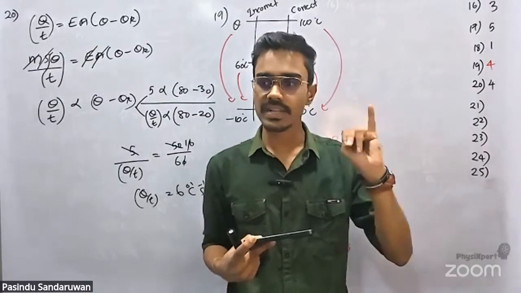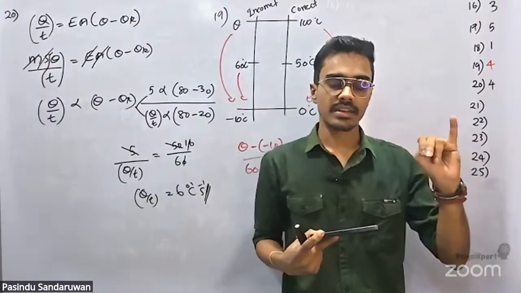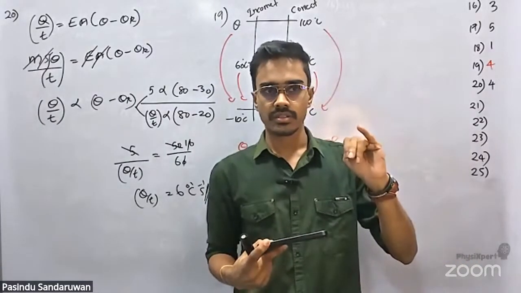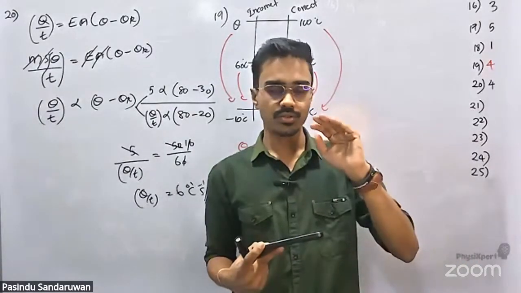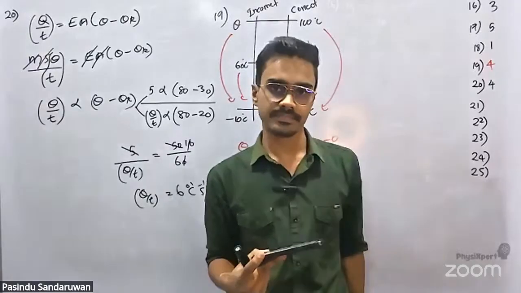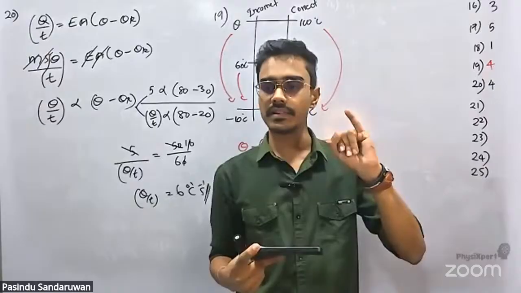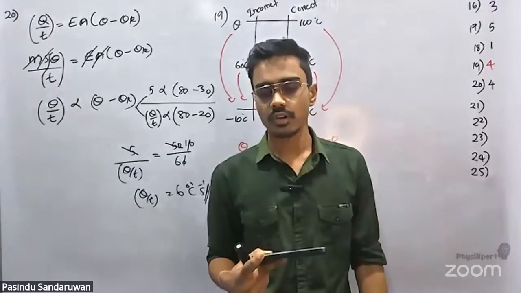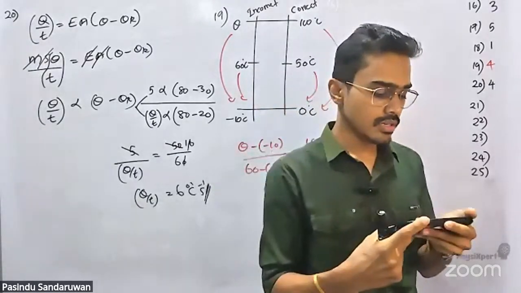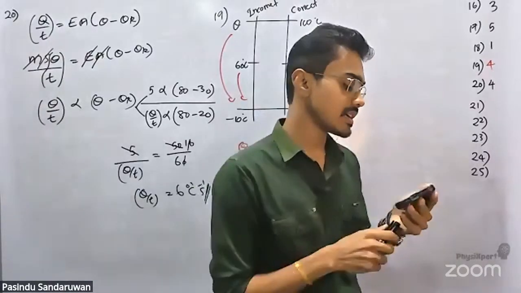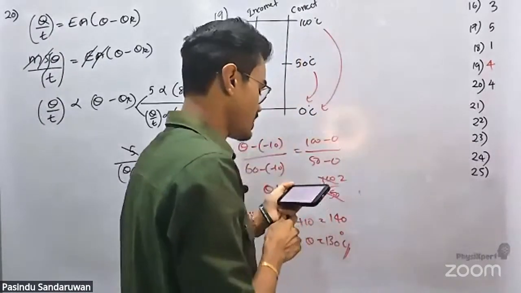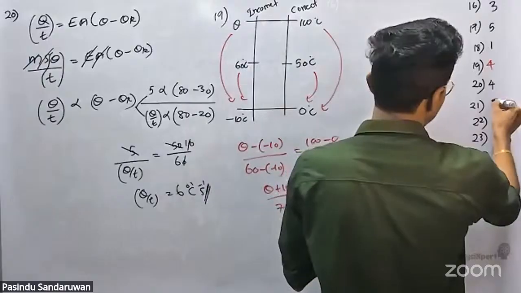That is the only different scenario here. Transverse waves show all these phenomena, and only longitudinal waves won't be polarized. So only transverse waves show polarization. 21, answer 5. Very straightforward.